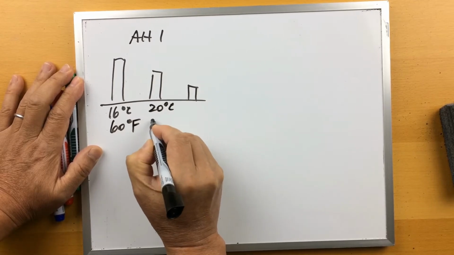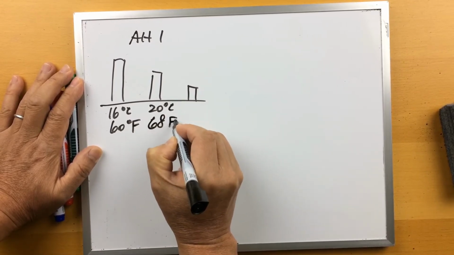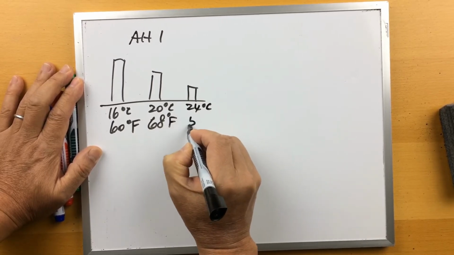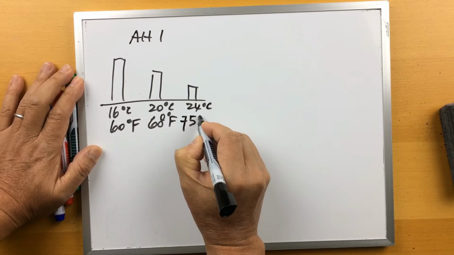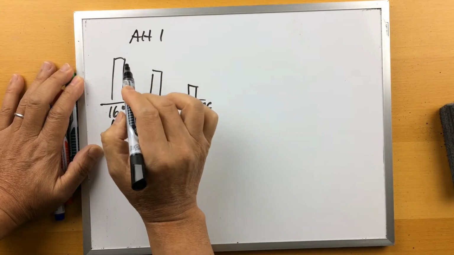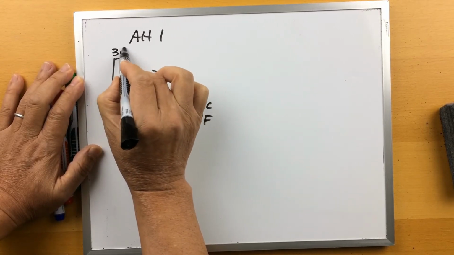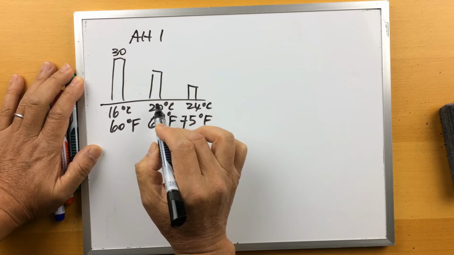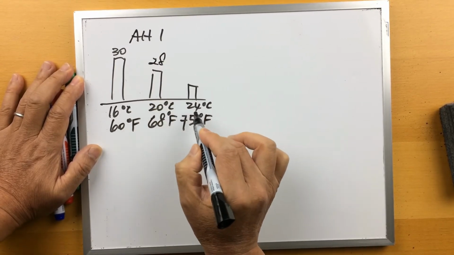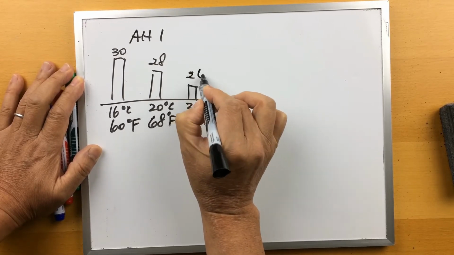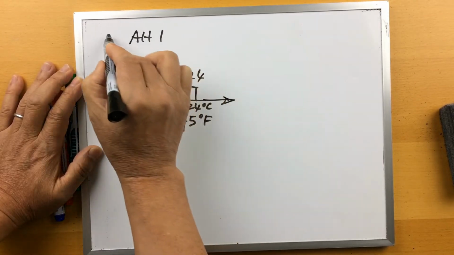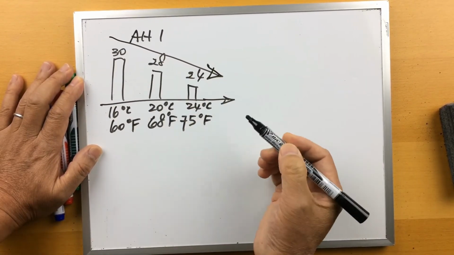This one is 20 degrees Celsius, 68 Fahrenheit. And this is 24 degrees Celsius, 75 Fahrenheit. Now here, the average AHI was 30. For 20 degrees Celsius it was 28. And for the 24 it was 24. So with the increasing room temperature, the AHI goes down.